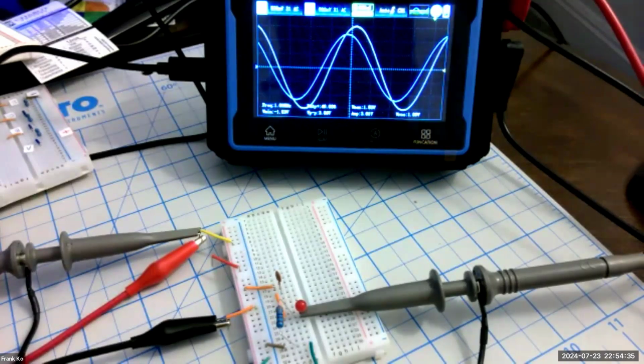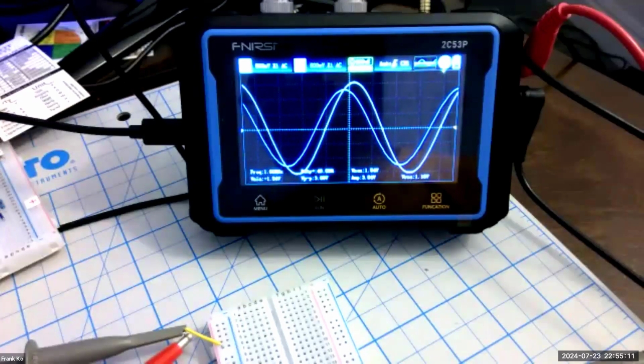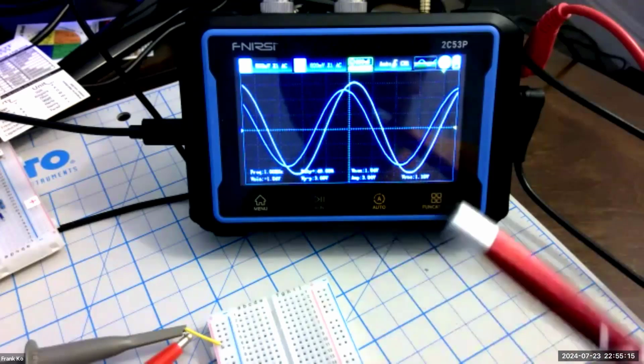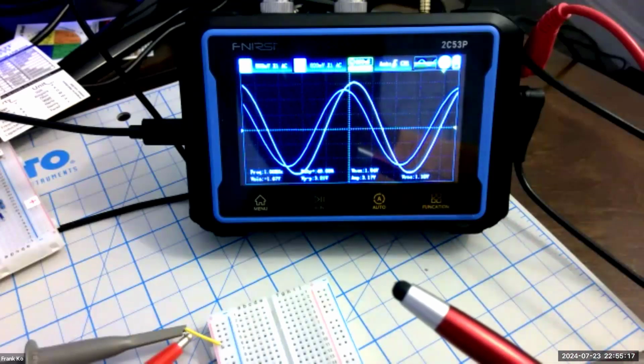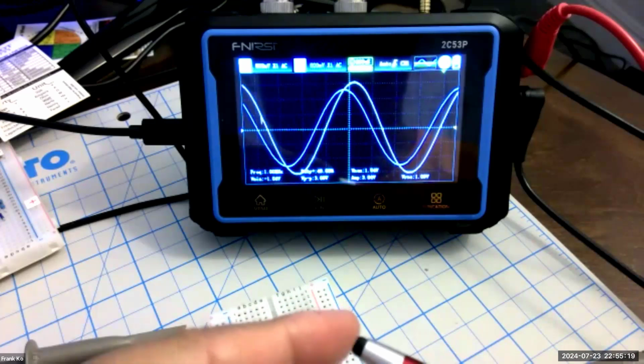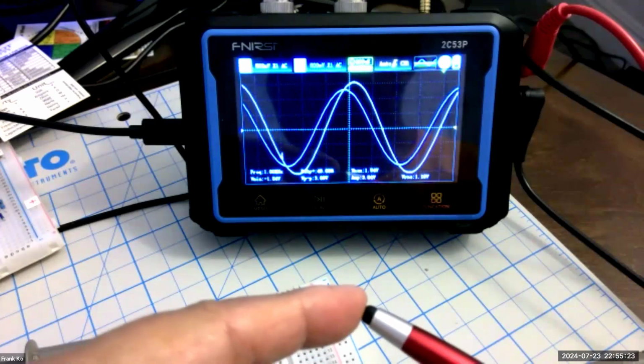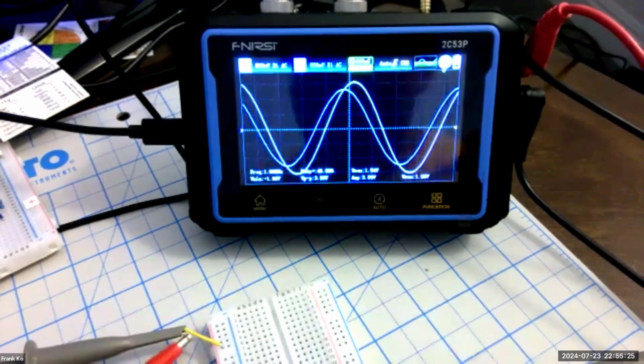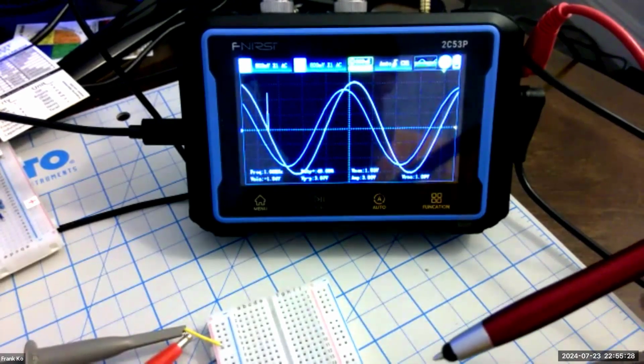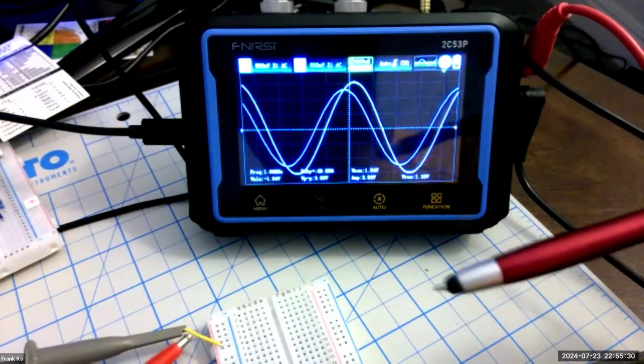Okay, so to engage the cursors, I needed to get this little soft tip pen, which you can find at the end of some pens or at the beginning of some pens. This one happens to be a pen with a little touch screen. So it is a pen.